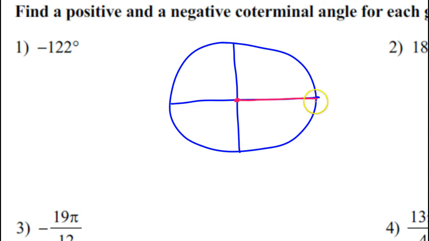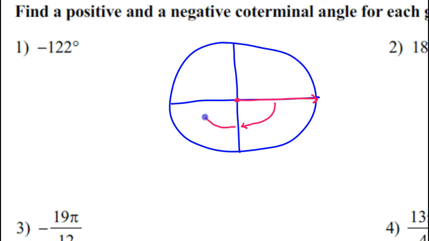So this is the initial side of our angle, and so the terminal side, this is negative 122 degrees. That tells us that we're going to be going clockwise from here. That's the negative direction. If I went this far, that would be negative 90 degrees so far.